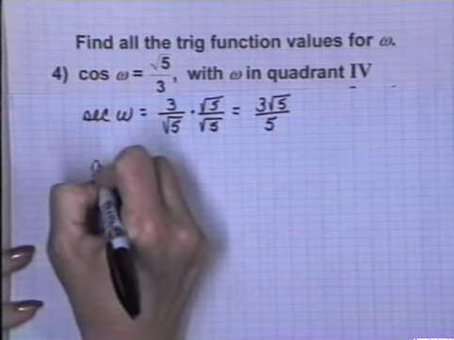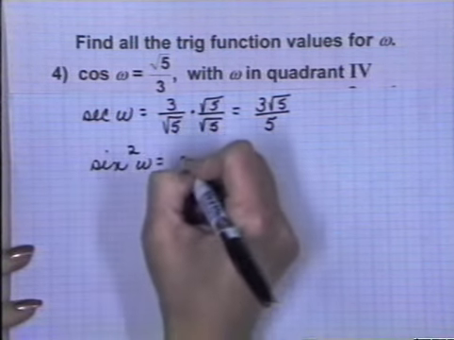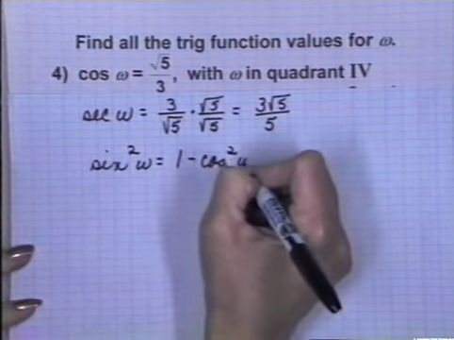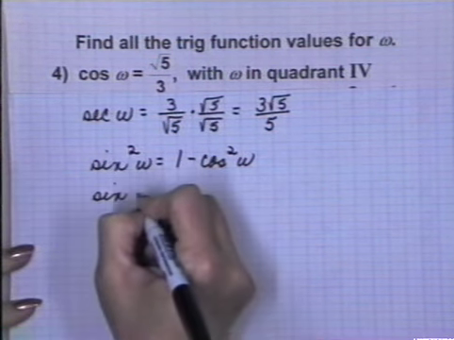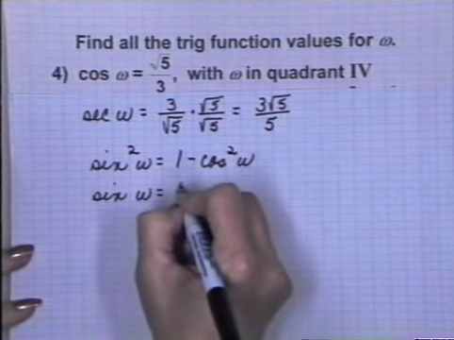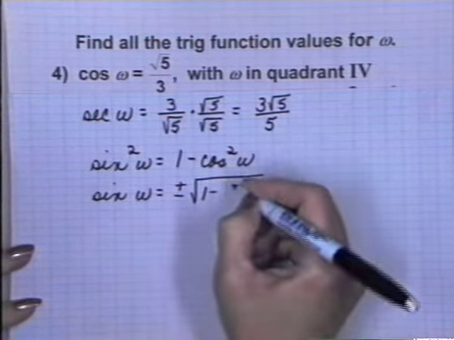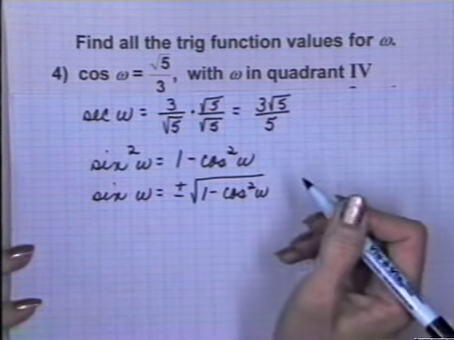So to find my sine, I know that sine squared omega equals 1 minus cosine squared omega. And extracting roots, I know that the sine of omega equals plus or minus the square root of 1 minus cosine squared omega.